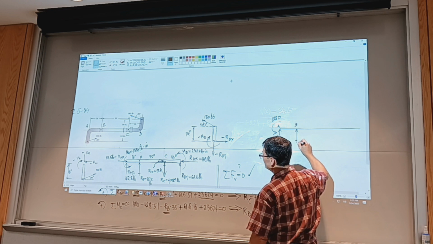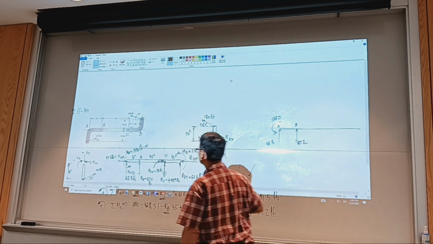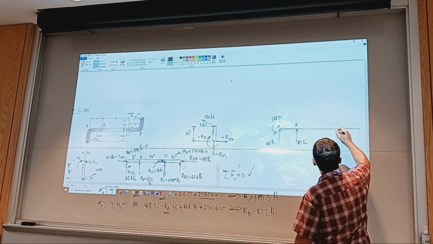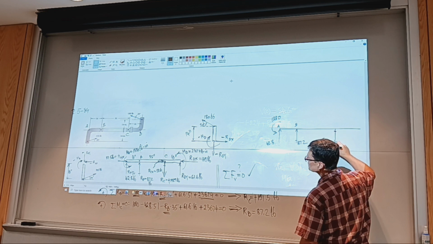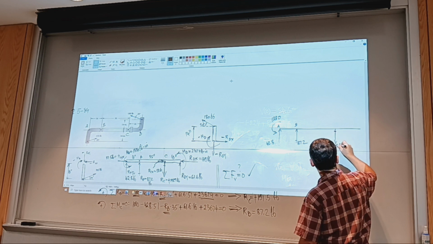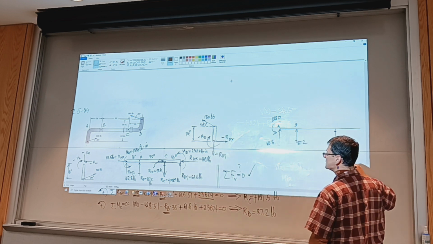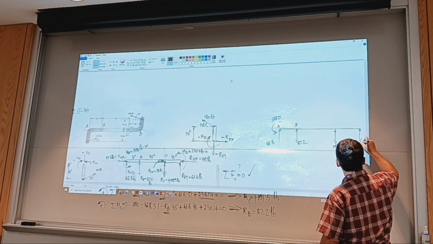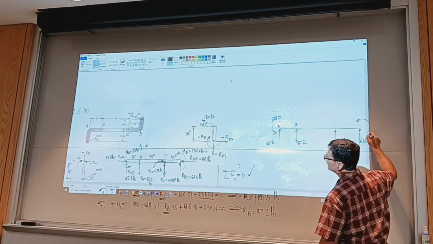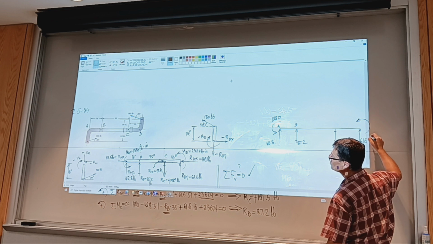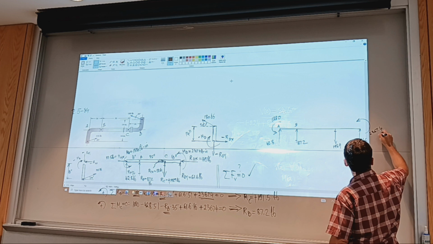This is 87.2, and I have point C, and it's a force that goes down, which is 198.9, and then I have the end force D, vertical 61.6, and then the moment going this way, 2367.4 pound inch.